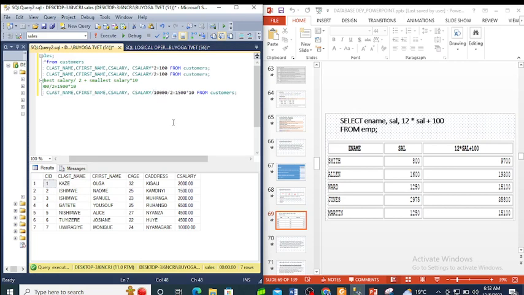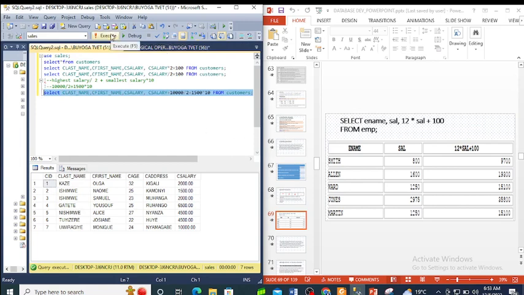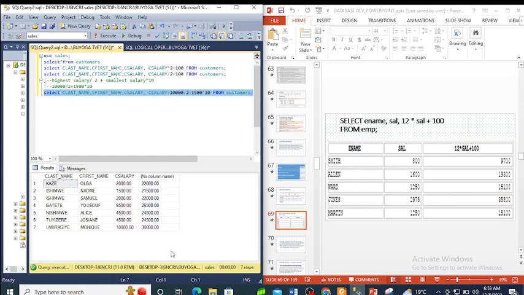So we want to add, not divide. We want to increase the salary by doing this. Okay. Here, first of all, we have how many operators? 1, 2, 3, 4 operators. So let's execute, then we see. You can see the salary has been increased.